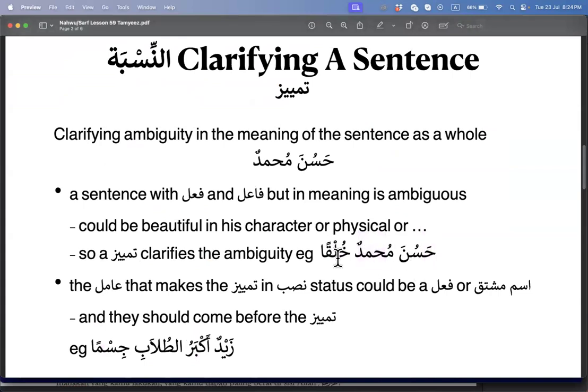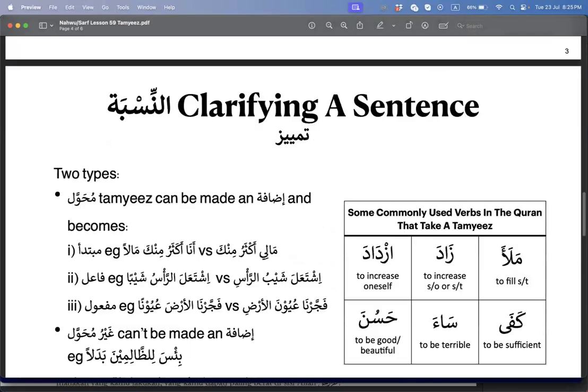Like I said to Brother Azizi, this is something you will learn with experience. When you see more examples, you will see what kind of fi'il comes with tamyiz and not maf'ul. Inshallah.